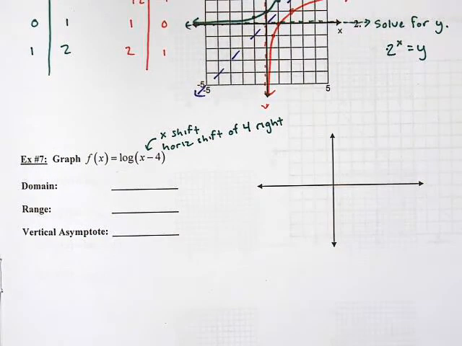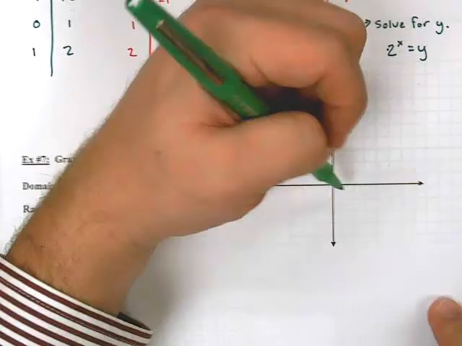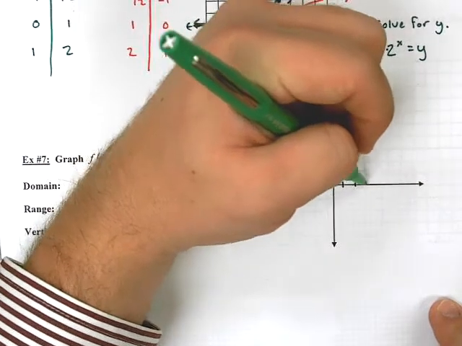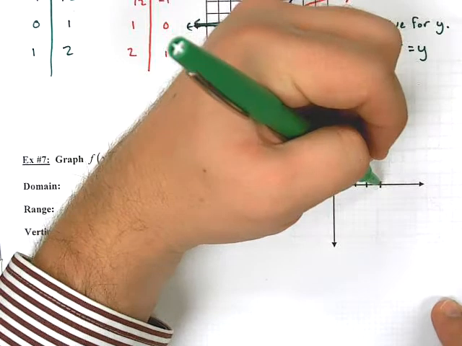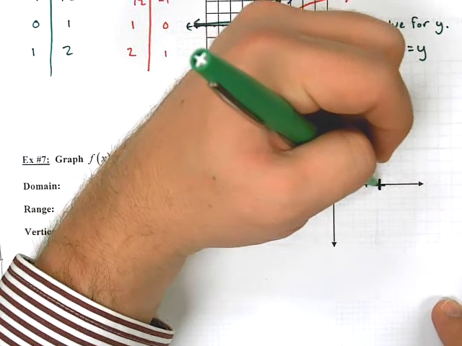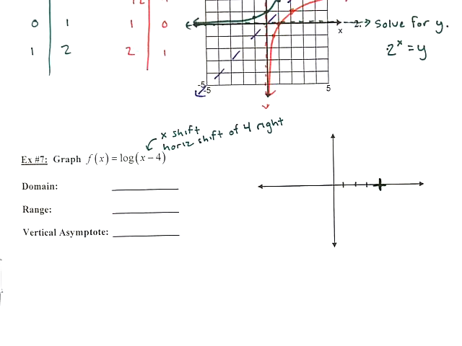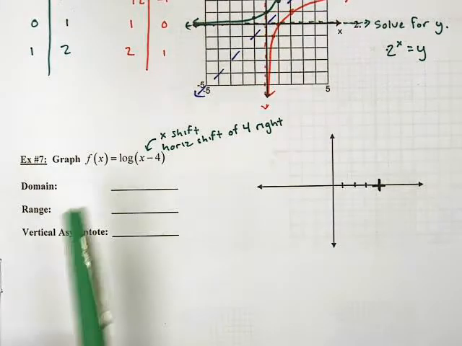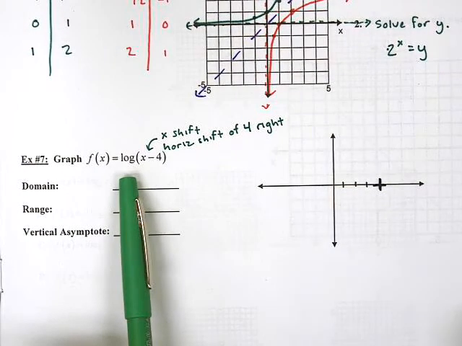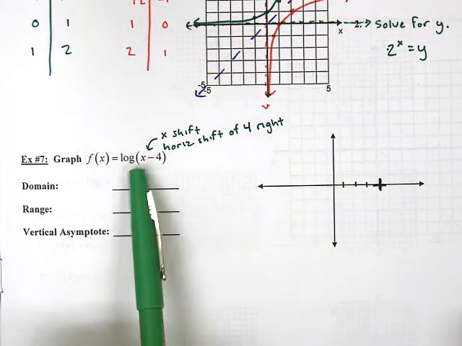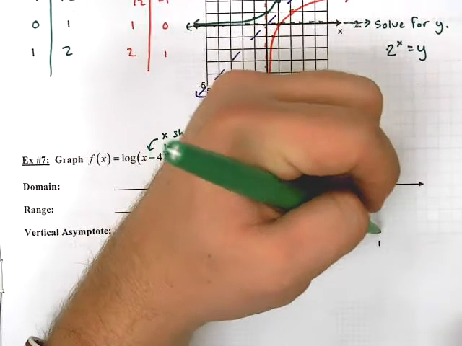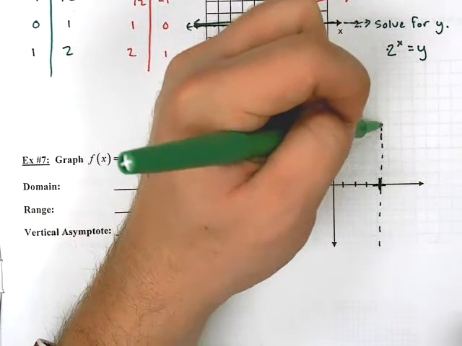So this is what I do. I take care of that shift right at the start. I now know 1, 2, 3, 4. I now know that this is technically like my new origin. So what is it going to have? Well, I know that this is a logarithmic graph, so it's going to have a vertical asymptote at that origin. So I can sketch that in already.